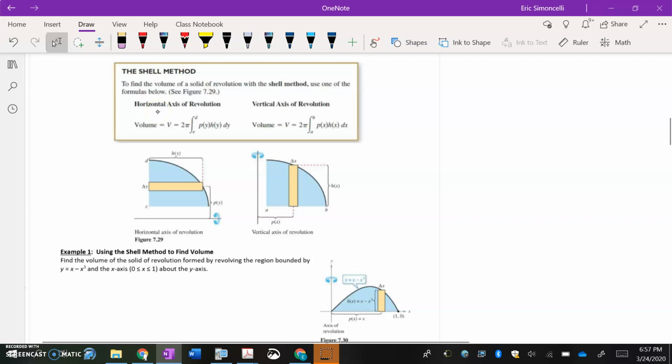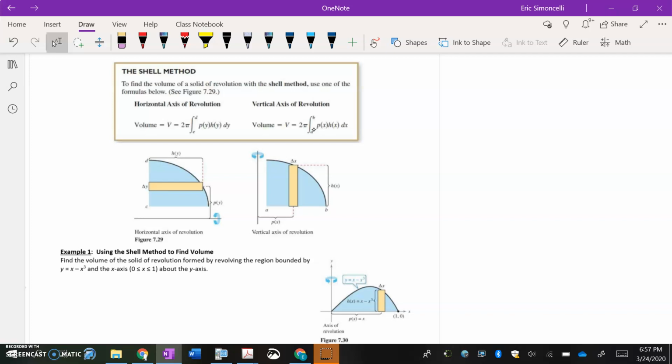The horizontal axis of revolution, in other words, dy, or delta y, if you remember that, same deal, such that V equals 2 pi times the integral from c to d of p(y) times h(y) times dy. So you're multiplying three different aspects here. And then the same goes, except if it's a vertical axis of revolution, V equals 2 pi integral from a to b of p(x) h(x) times dx.